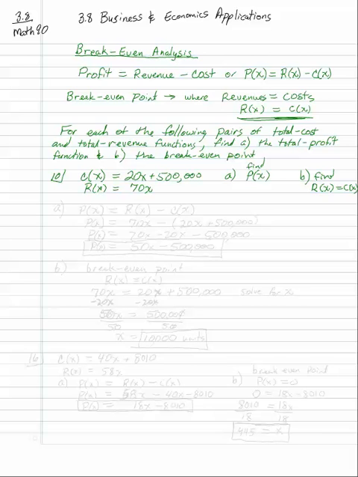Okay, so for A, we want to find P of X. Remember, P of X is just the revenue minus cost. So revenue 70x minus the cost function, put that in parentheses because you're going to have to distribute that minus sign.